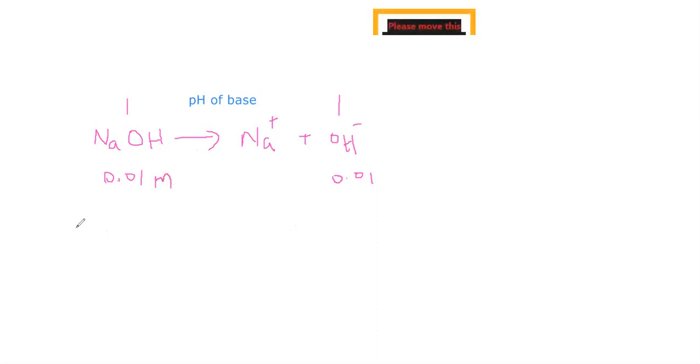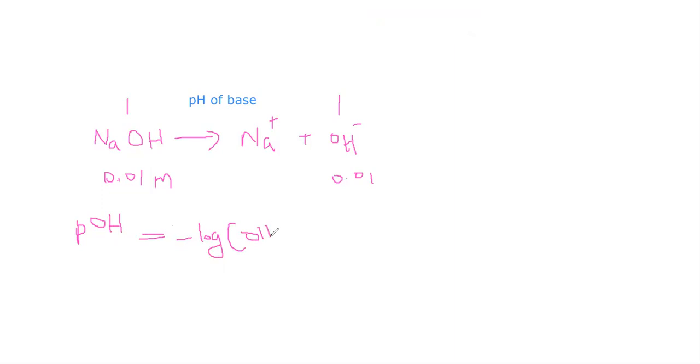Now what would be the pH? Similar to the pH, you can also use a formula over here. This is the pOH. pOH will be equal to minus log of the OH concentration.